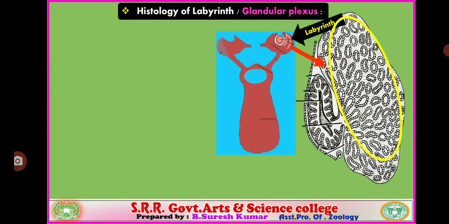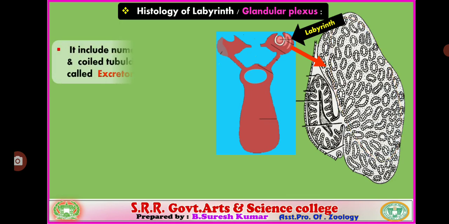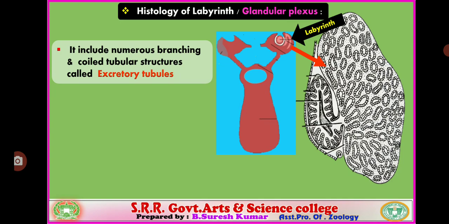Whatever is shown in the circle, that is the labyrinth portion. Remember, right? Clear? So it includes numerous branched coiled tubular structures. They are called excretory tubules.